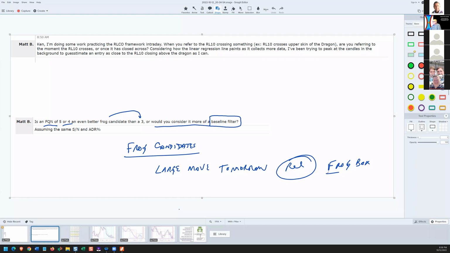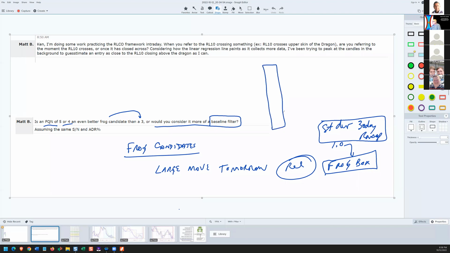Now, when I say the frog box, in Frog 1.0, the frog box itself is the standard deviation of the 30-day range. It's sort of a measure of volatility. What we want is a large intraday move that would have a number of frog boxes.